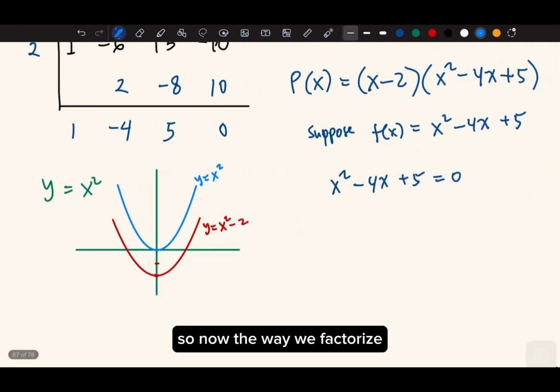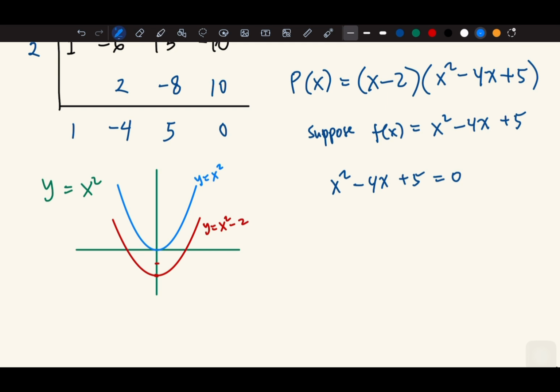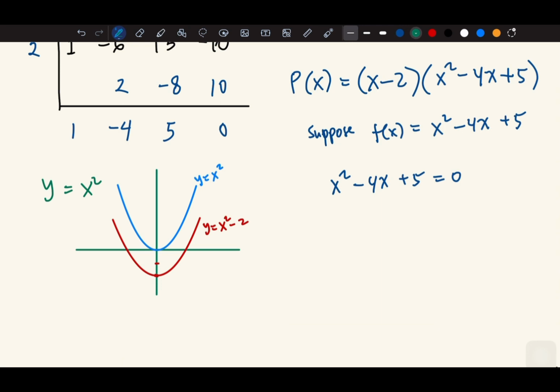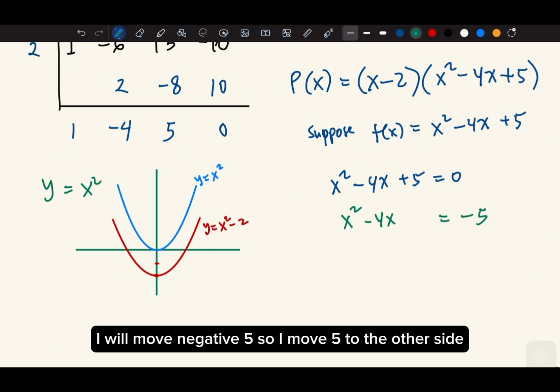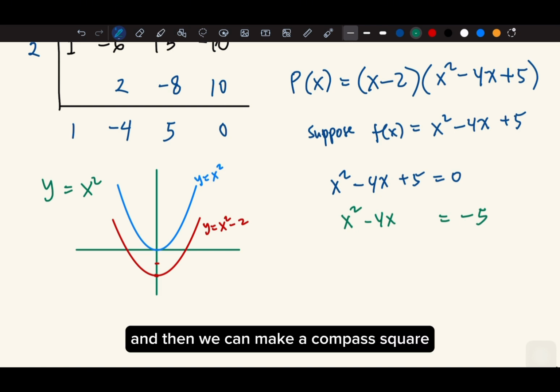So now, of course we cannot factorize in the regular way, but suppose that we do this. Can we do this? I will move minus 5, so I move 5 to the other side. And then we can make a complete square.